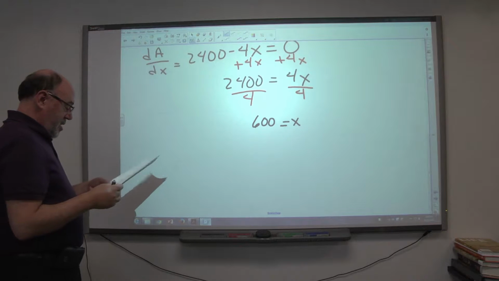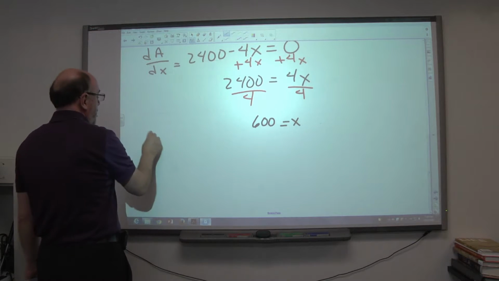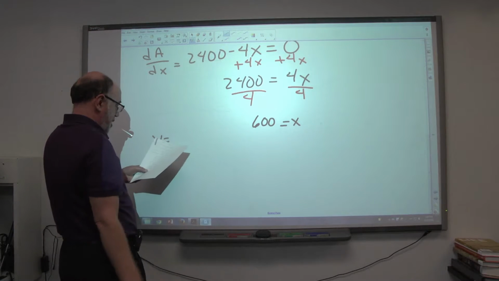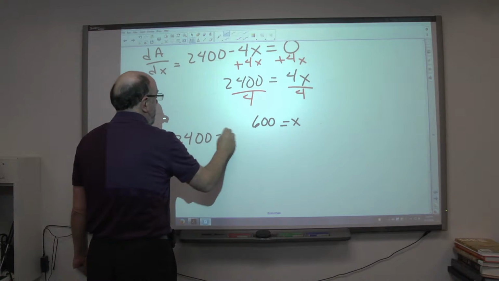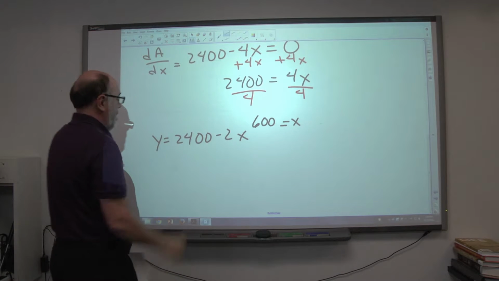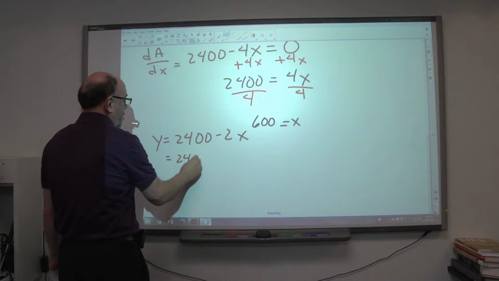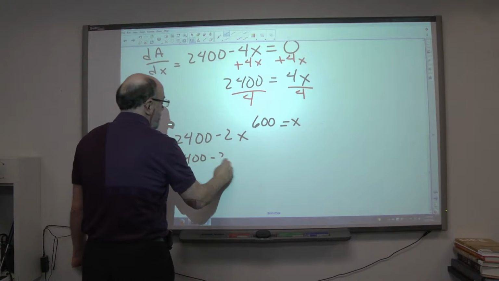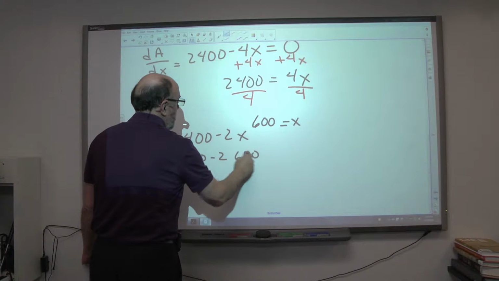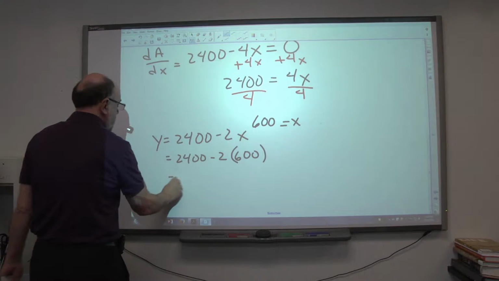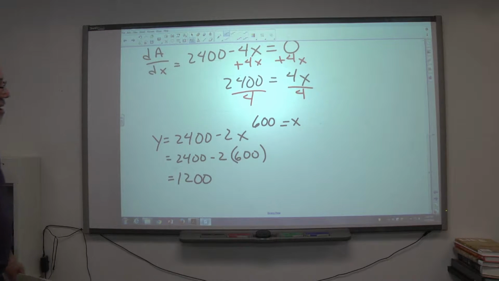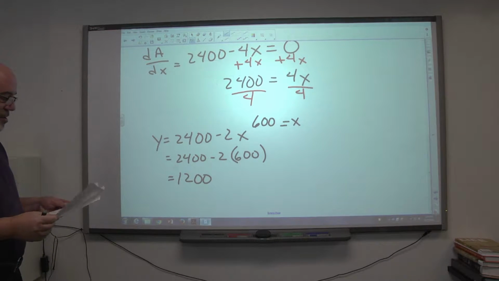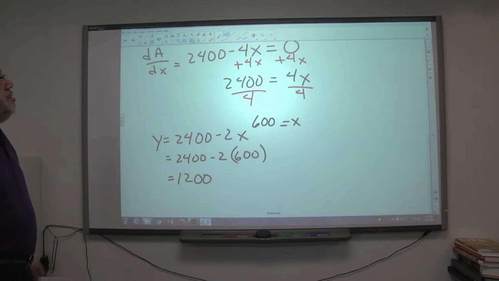Well, we know y is given by our equation, which was 2,400 minus 2x. And so y will be 2,400 minus 2 times 600. And this will give us 1,200. And we get the dimensions of our fencing.